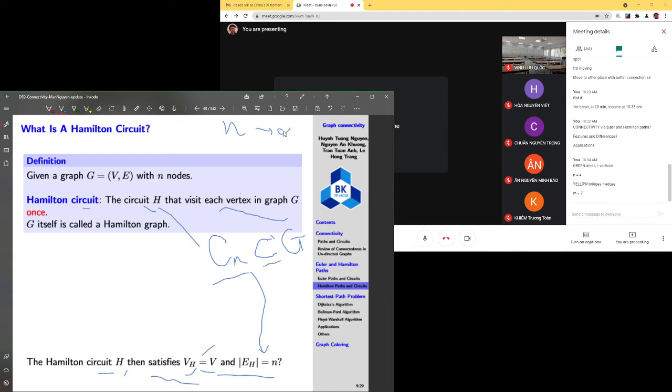So, you need an algorithm to find it. And the answer is not simple. We have some certain conditions, but not a full one. So let's say the first example, very simple, where I give you a graph with only 5 vertices, and this one must be connected, of course, and you need to find a Hamilton circuit.